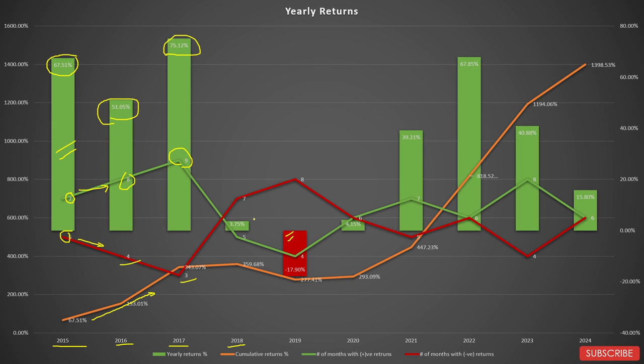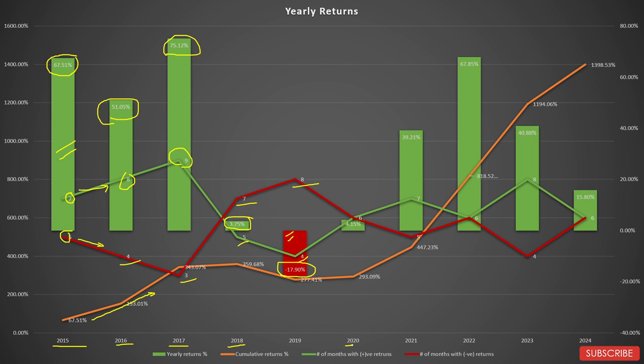2018 was almost a flat return year for this sector with only 3.75% returns with 7 negative and 5 positive months. 2019 though was a bad year for this sector, and this sector actually gave loss in this year with minus 17.90% returns with 8 negative months and only 4 positive months.